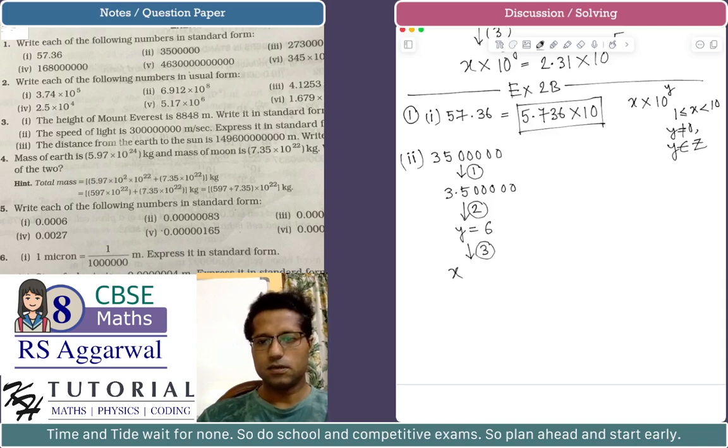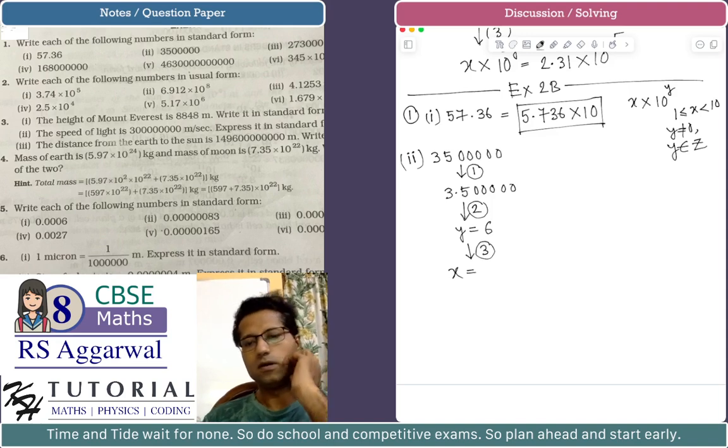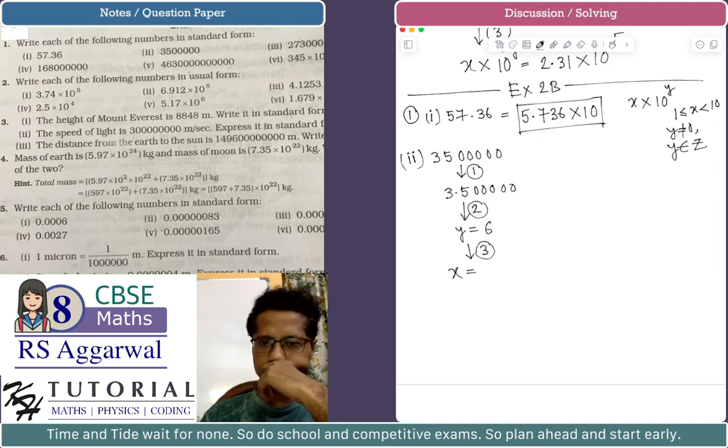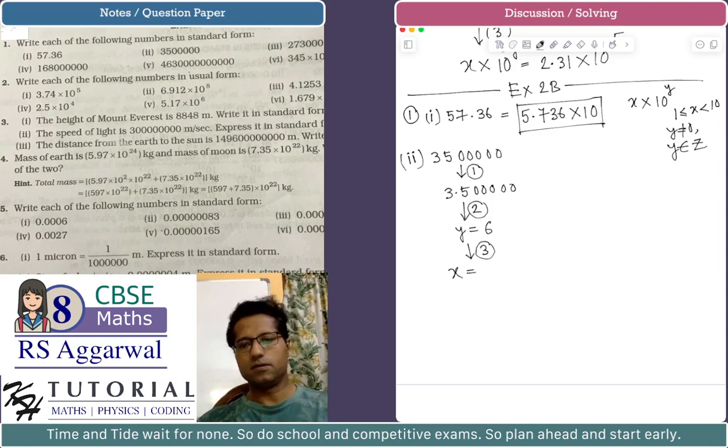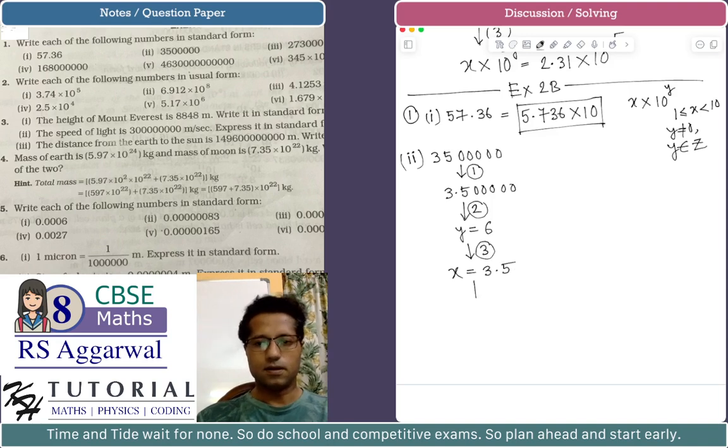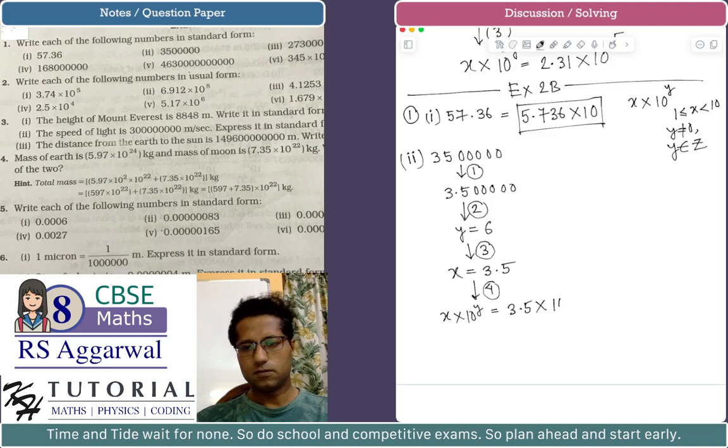X will be the number obtained after step 1, ignoring all the trailing zeros. So 3.5. And the final step, we get the standard form as x into 10 to the power y. This is equal to 3.5 into 10 to the power 6.